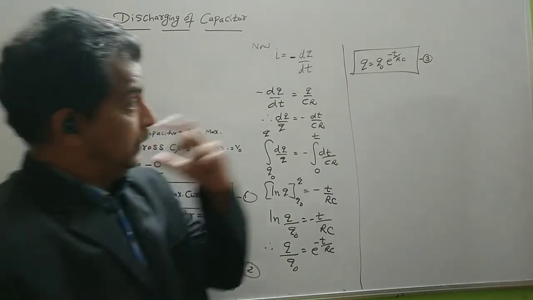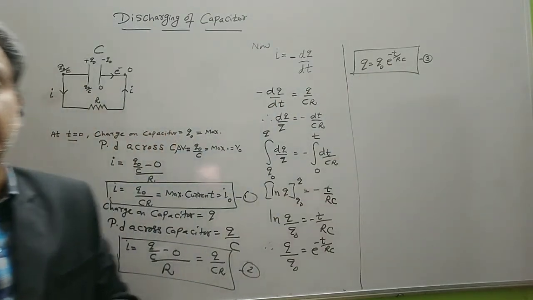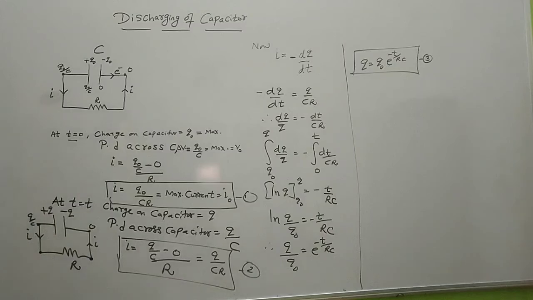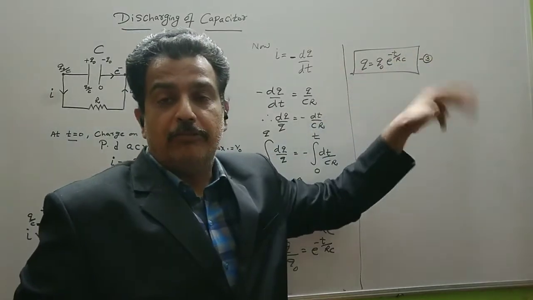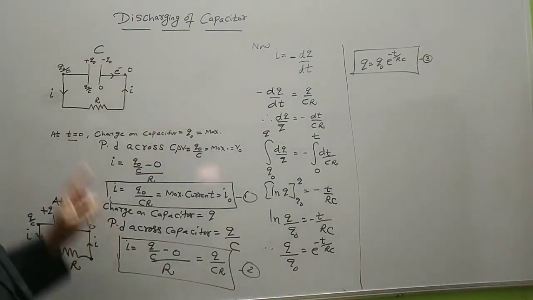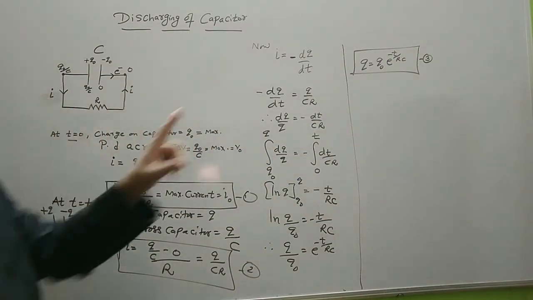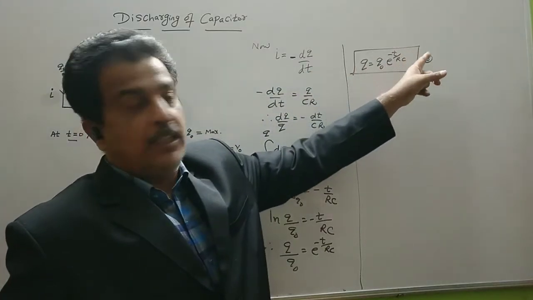Clearly, it is an exponential function. The charge will decrease. So q is equal to q naught e raised to minus t upon RC. If we want to check this at t equal to 0, e raised to 0 is 1, so q is q naught.